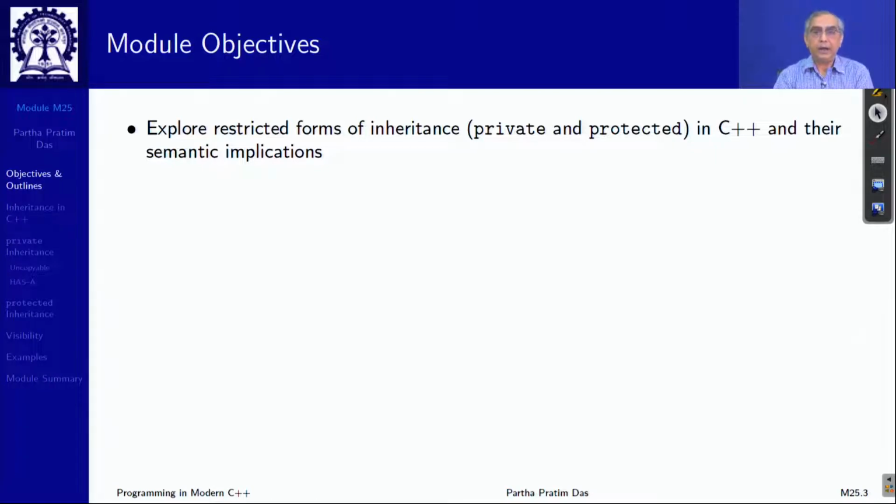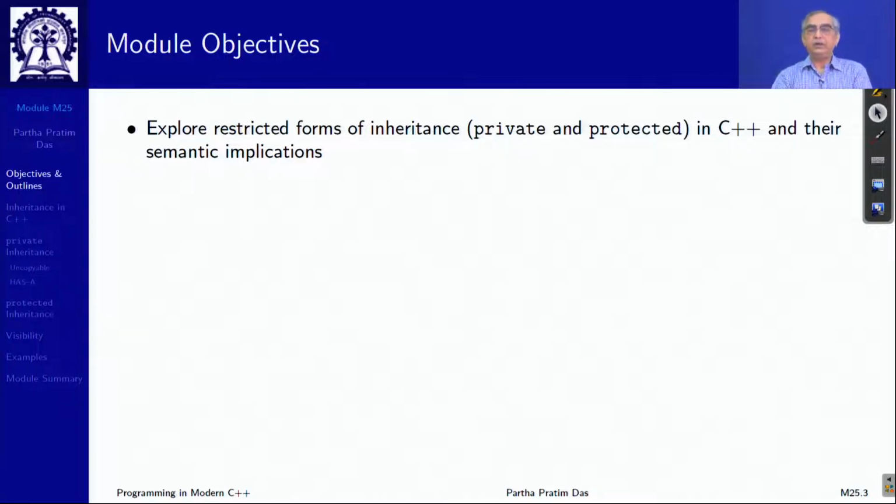So, this module will describe two other forms of so called inheritance, by private and protected form, with an example, and with the caution that if you need to use any one of them, you need to be really thorough and confident that you need them.